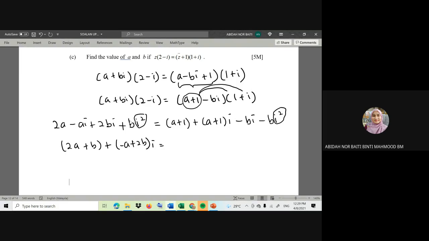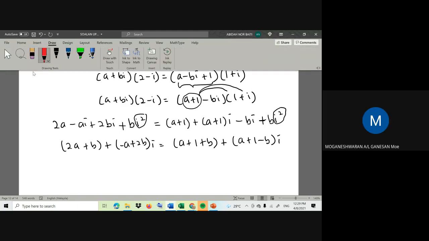Okay, the right side is the same. So when we substitute I squared with negative 1, negative becomes positive. So your real part is A plus 1 plus B. This is your real, and your imaginary is A plus 1 minus B, I. Factorize I directly. Can until here? Can, madam. No problem.